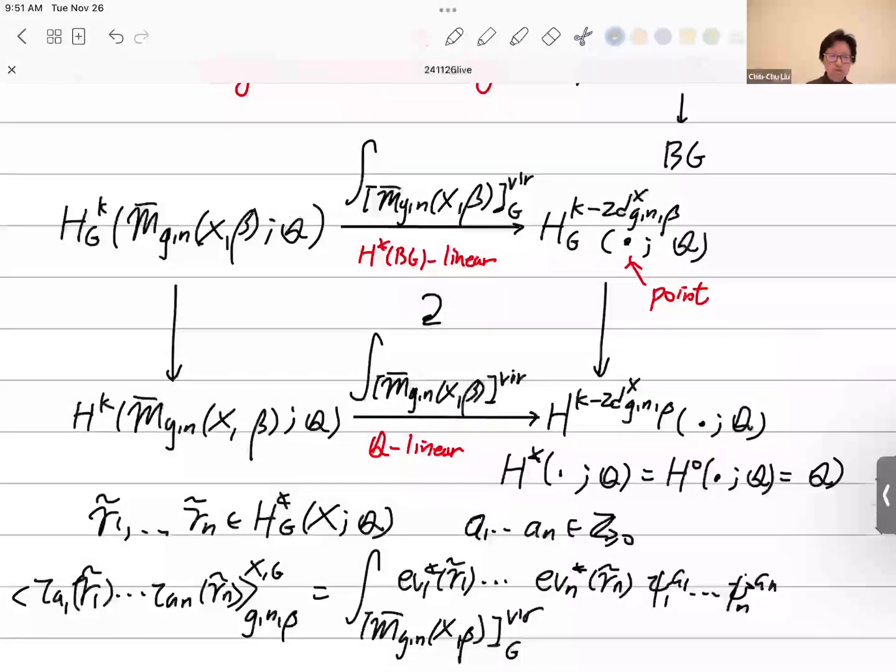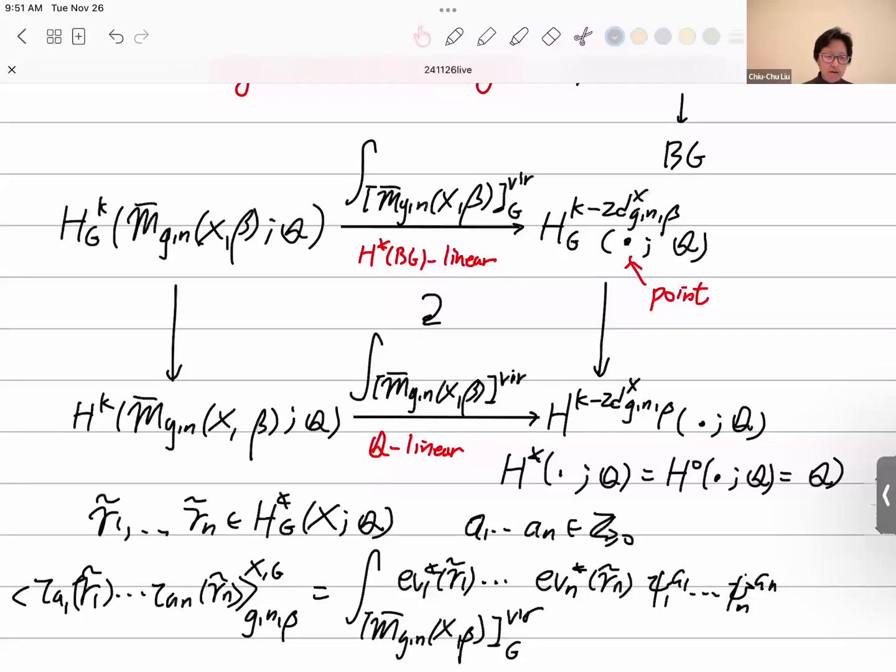Suppose that X is a complex projective manifold, and we have a complex algebraic group G acting on X, and it induces a G action.